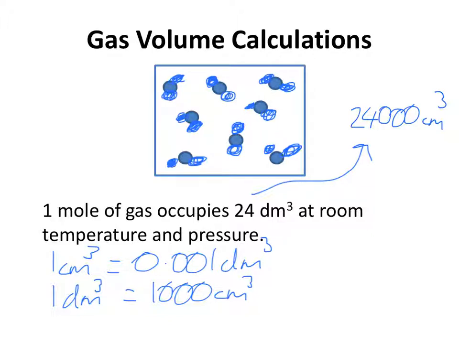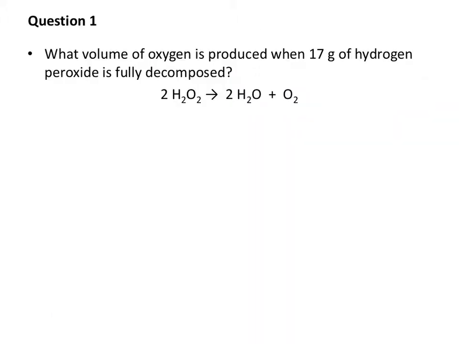So let's have a look at what a question might look like. This question involves the decomposition of hydrogen peroxide. This reaction is on the syllabus because we use it to produce oxygen, and you should know the catalyst for this reaction, as you could be asked for it.